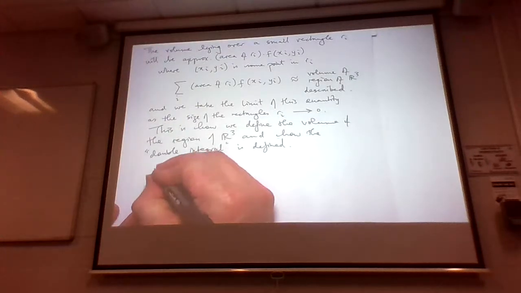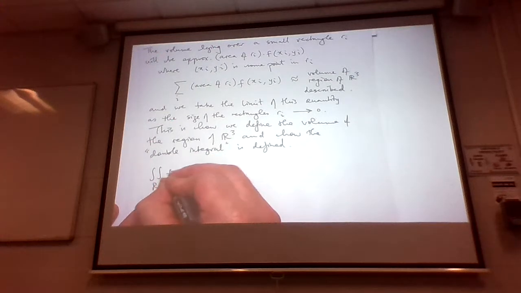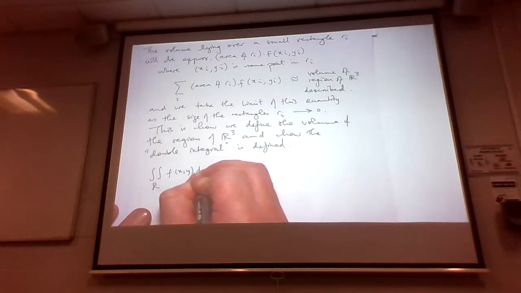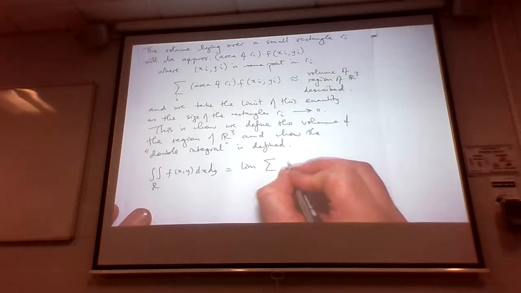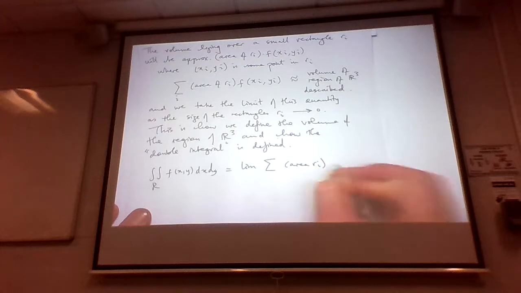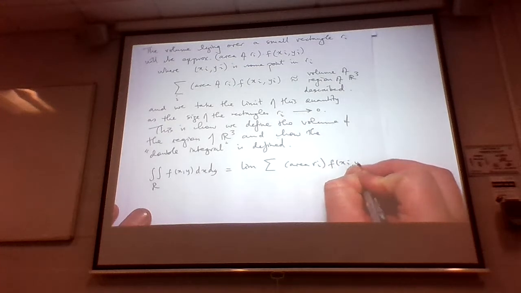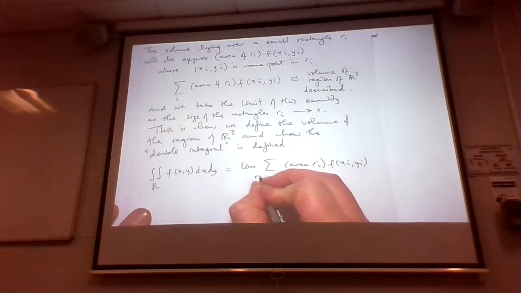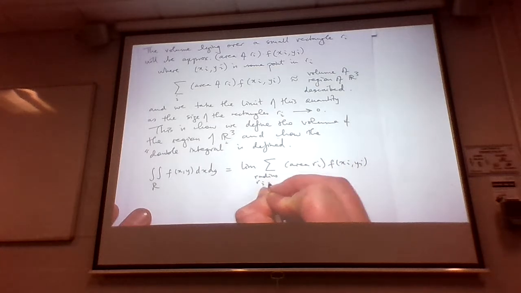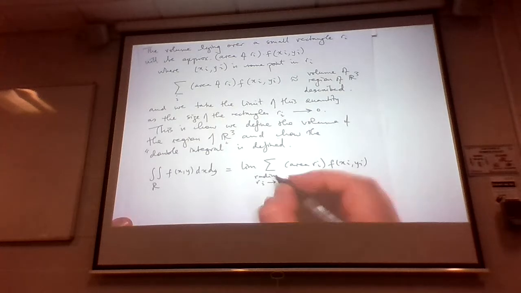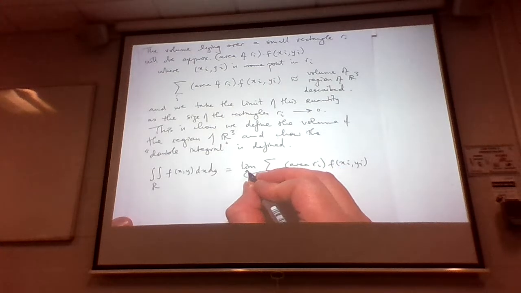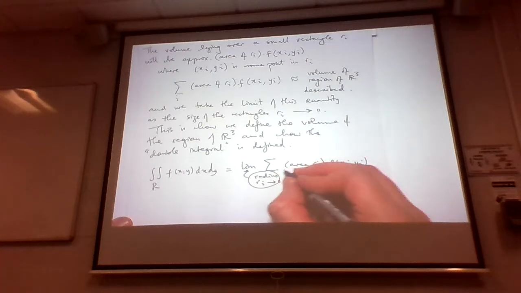What we mean by this double integral of the function f of xy dx dy over R is the limit of this summation of the areas of Ri times f of xi yi as the radius of Ri approaches 0, or as the maximum radius of these rectangles approaches 0. Basically, as the rectangles get smaller and smaller. Sorry, the summation is happening over i.